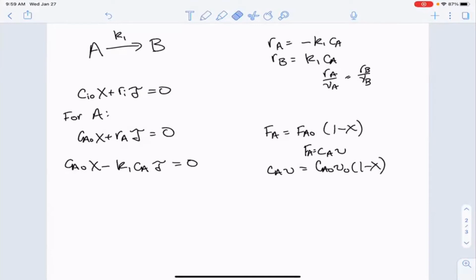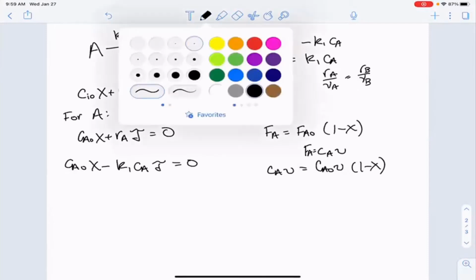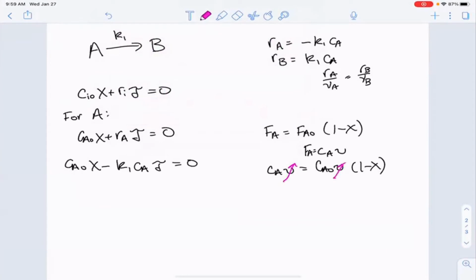And in our ideal reactor, we can assume that the two volumetric flow rates are equal to each other. And if that's the case, they cancel. And we end up with an expression for the concentration of A, which is just CA0 times 1 minus X.